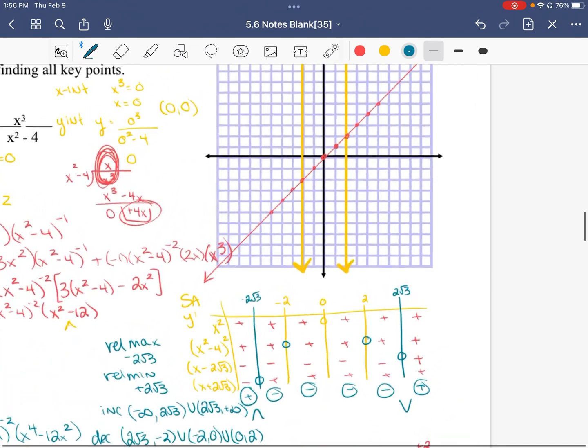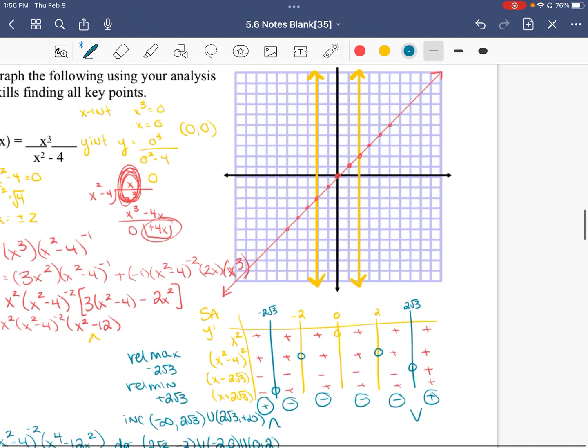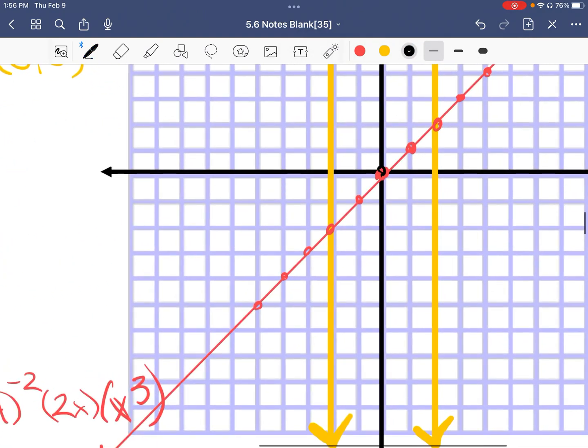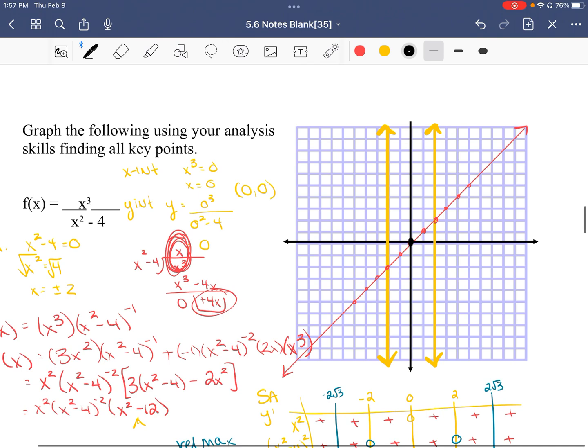We want to fill in our important pieces. So we know that, I'm going to maybe make this black, we have a point, our x and y intercept right there. Things to note, like, yes, that is an oblique asymptote, but remember, within -10 to 10, that technically exists. It's when we go out to infinity.